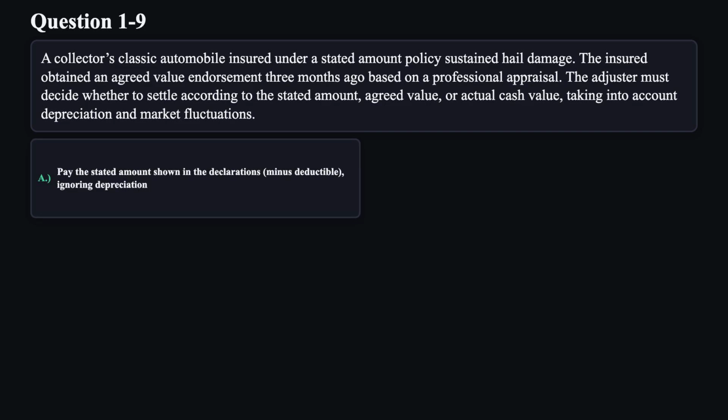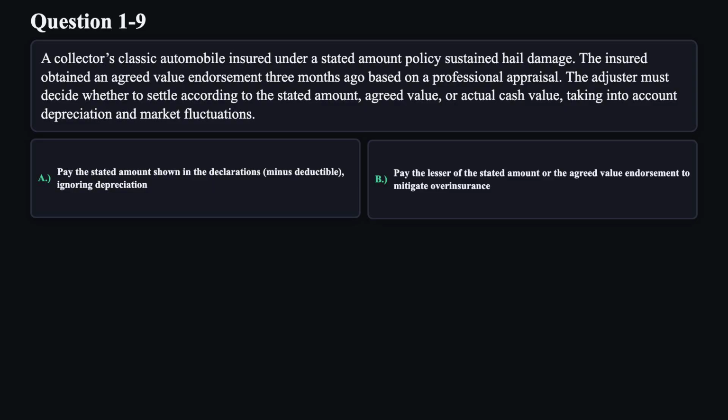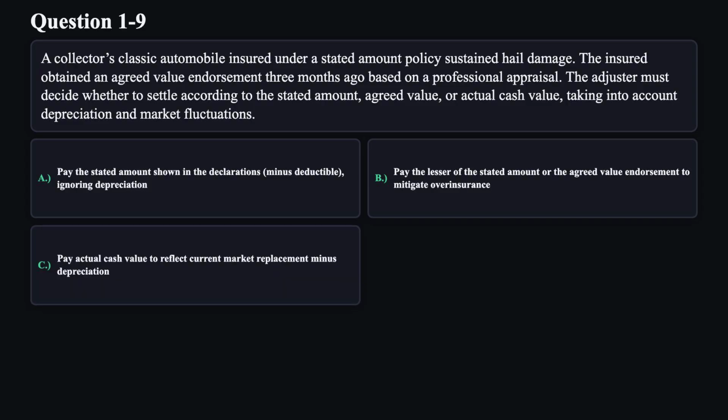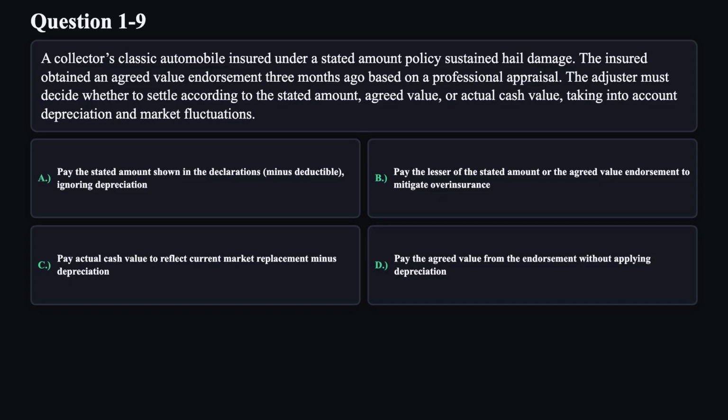A. Pay the stated amount shown in the declarations, minus deductible, ignoring depreciation. B. Pay the lesser of the stated amount or the agreed value endorsement to mitigate overinsurance. C. Pay actual cash value to reflect current market replacement minus depreciation. D. Pay the agreed value from the endorsement without applying depreciation.